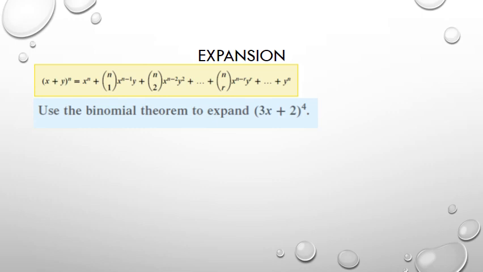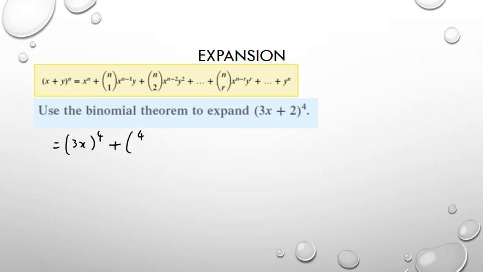Alright, now to quickly expand, we can actually use the factorial notation. So let's do the first one as an example. We want (3x + 2) to the power of 4.